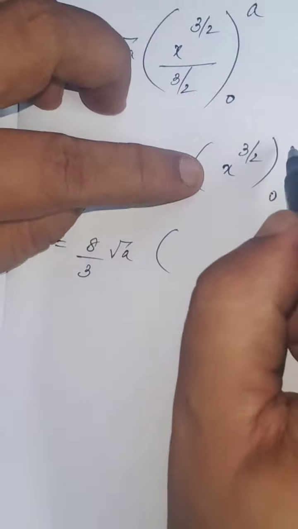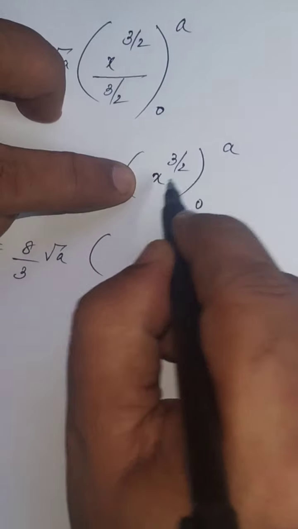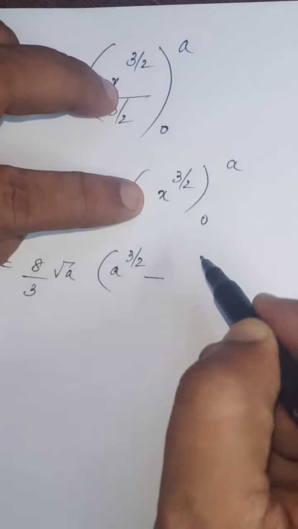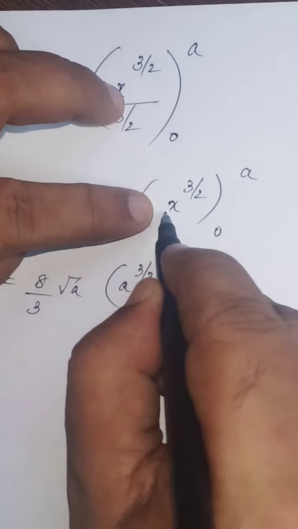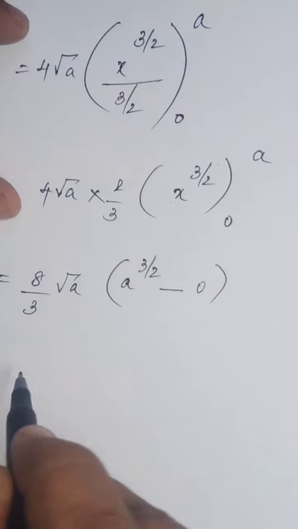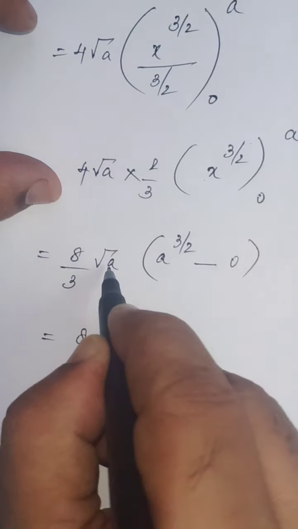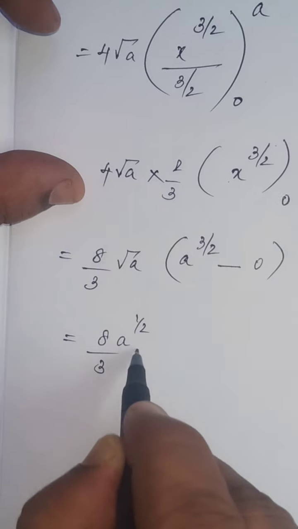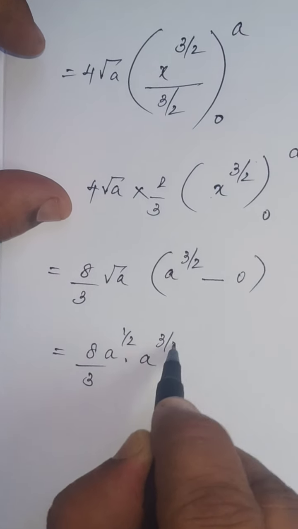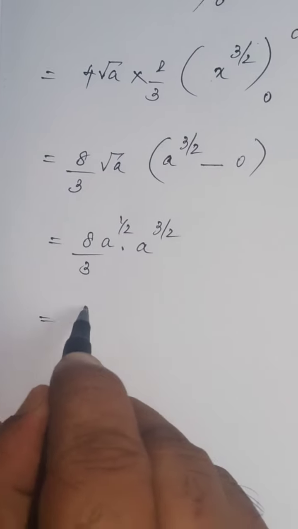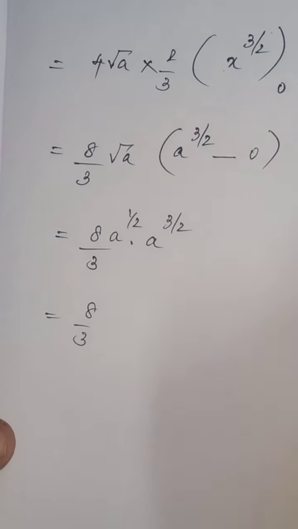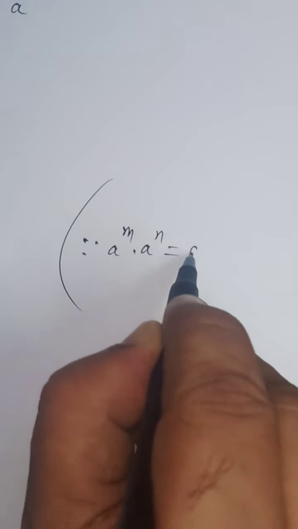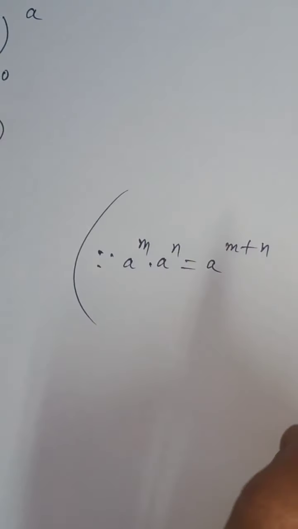Now we can apply the upper limit. What is the upper limit? A. Replace x by a, power 3 by 2, minus lower limit 0 power 3 by 2. 0 power anything is always 0. That is equal to 8 by 3, root a can be written as a power half, into a power 3 by 2. You know that a power m into a power n equals a power m plus n.